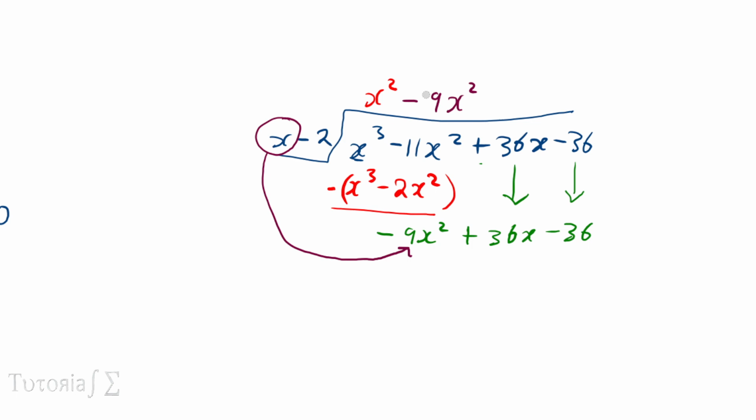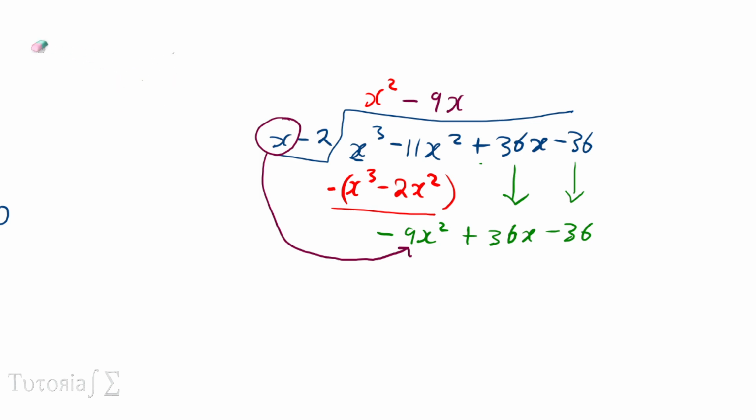Then we do the same thing. Since it is negative 9x squared divided by x, the x will cancel, so it would be negative 9x on top.